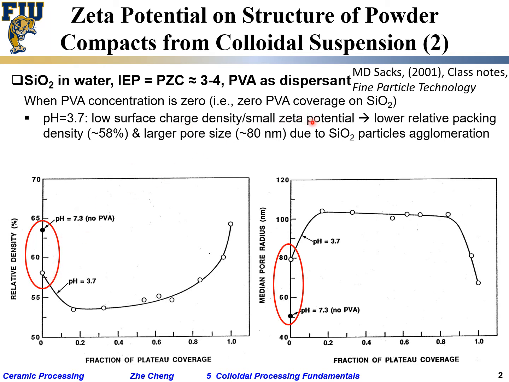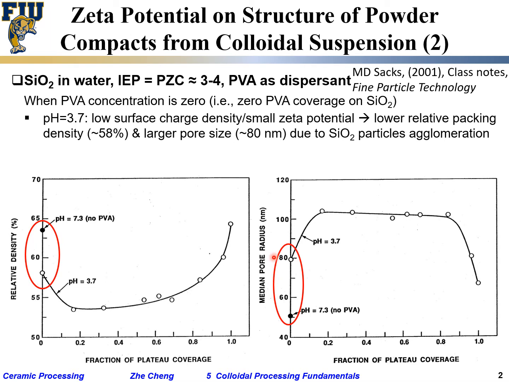Because I have very low surface charge, very low zeta potential, you find, compared with the pH 7, it has lower relative density. You get sedimentation, the powder comes together at the bottom, lower packed density. At the same time, with the open symbol, they have higher so-called median pore radius.